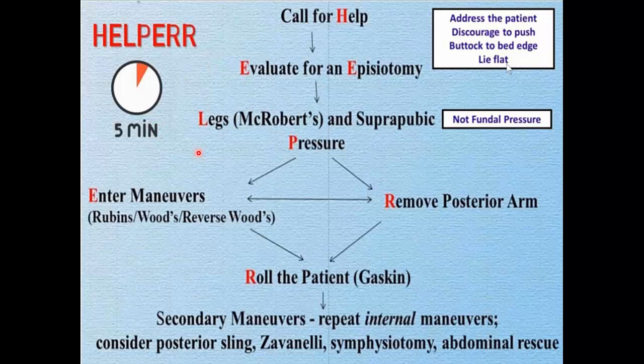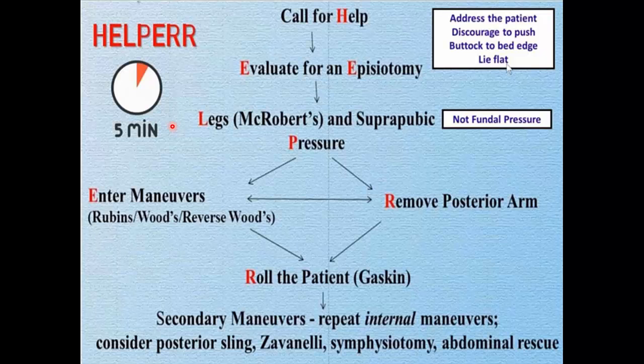So why within 5 minutes should you deliver the fetus? Why? Because if the baby is not born within 5 minutes, 48% of babies will die. The mortality will be almost 50%. Yes, it is about hypoxia. It's very, very important because with hypoxia of more than 5 minutes, there is high risk and it may lead to fetal neonatal death.